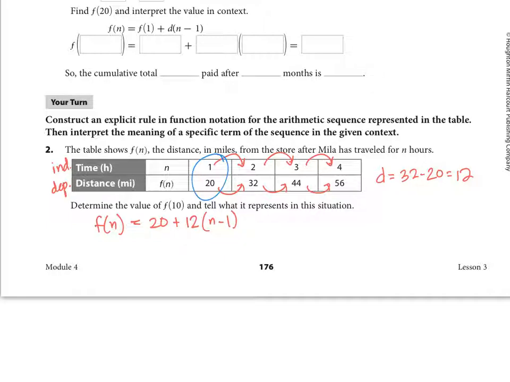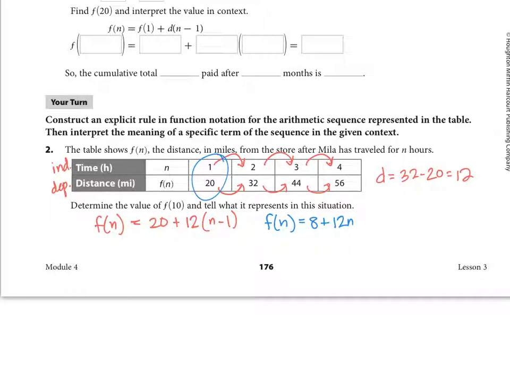There is another way to write this function, and they're both equivalent to each other, you could write f of n equals 8 plus 12 times n instead. So if you're interested in how I got that one, you can come in and ask me that question.